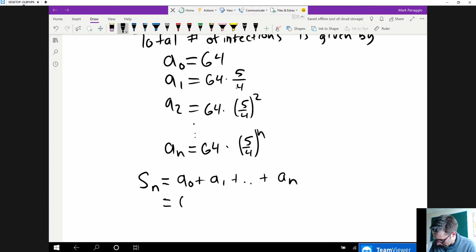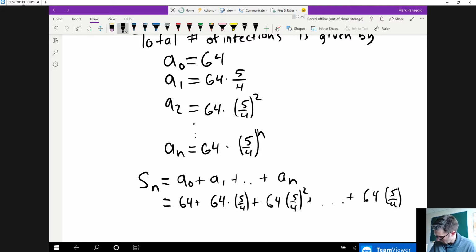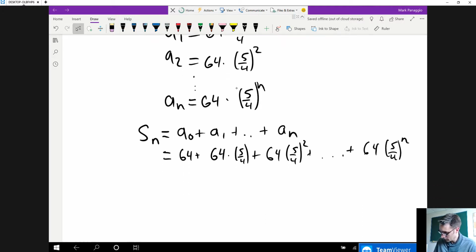And we could write that as 64 plus 64 times 5/4 plus 64 times 5/4 squared, all the way on up to 64 times 5/4 to the n. And notice, actually, that's a partial sum with n plus 1 terms since we started with 0.